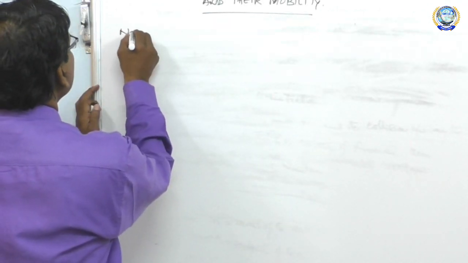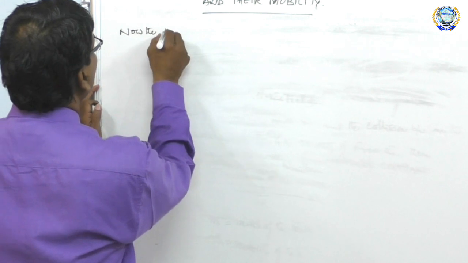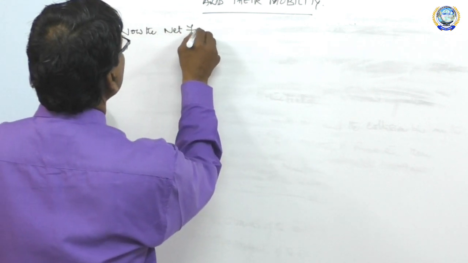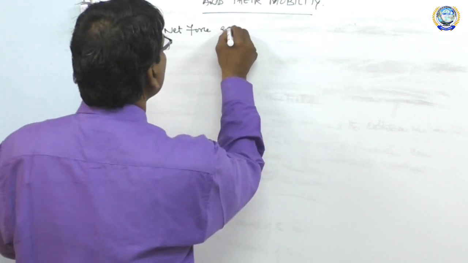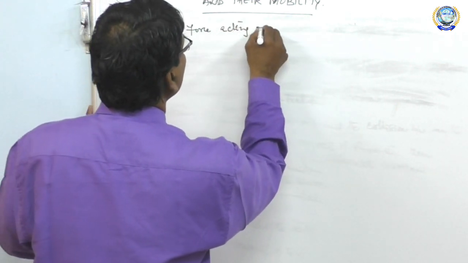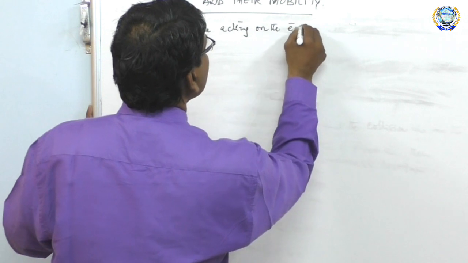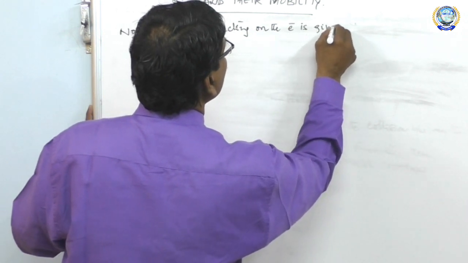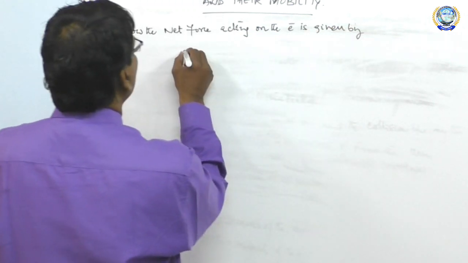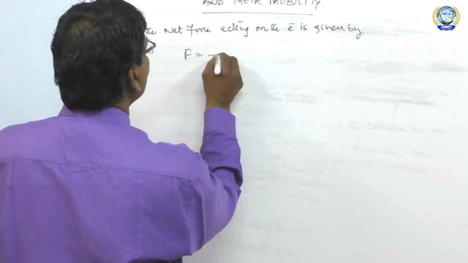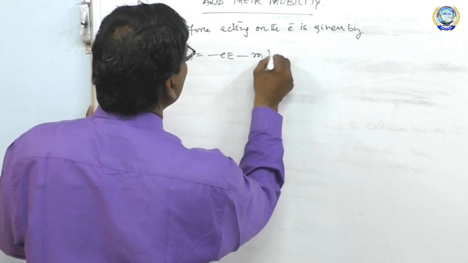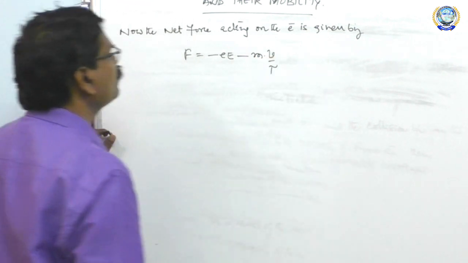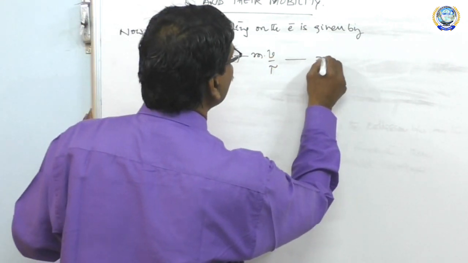Now the net force acting on the electron is given by F is equal to minus e E minus m v by tau, equation 3.